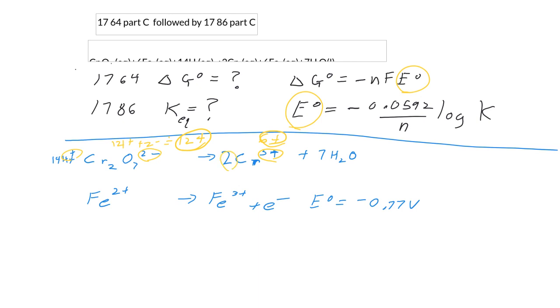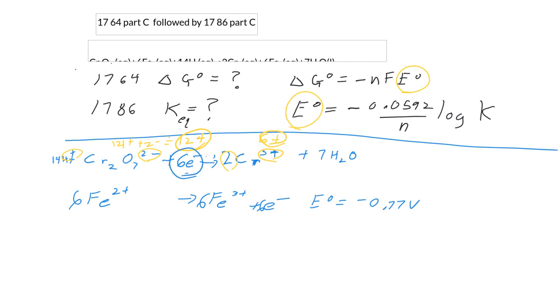So to balance out my charges and bring positive 12 down to positive 6, I am going to have to add 6 electrons. Whoops. That was way off there, wasn't it? I'm going to have to add 6 electrons. So I need to balance this out to get 6 electrons on my bottom.